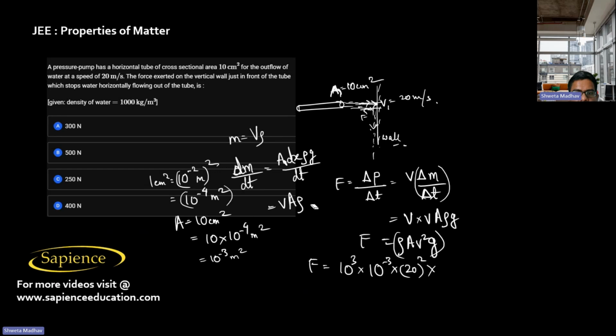G will not come. Rho A V square, G is not there. Rho A into V square only.